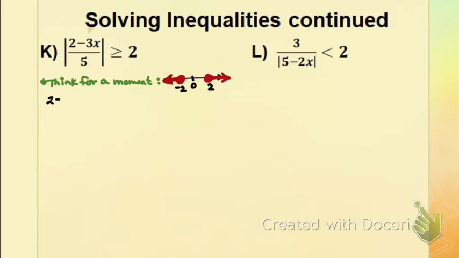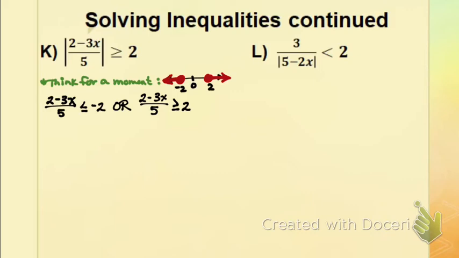All right, so I have 2 minus 3x over 5 is less than or equal to negative 2. Because if I am 2 units or more away to the left, as I'm going off to the left, that's a less than. Or the other possibility is that 2 minus 3x over 5 is what? Greater than or equal to 2, yes.